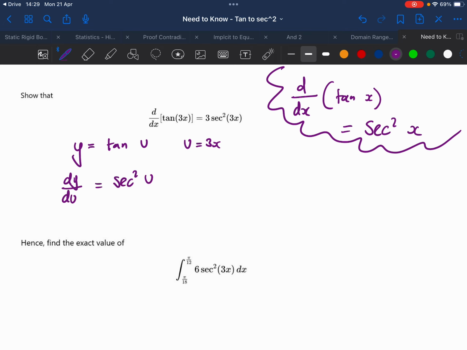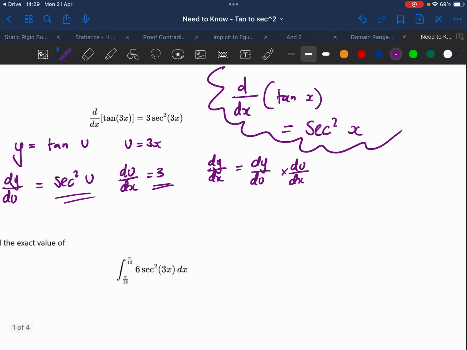So generally, tan differentiates to sec squared. That's the result that we said. And du dx would be 3. The chain rule says that if we're trying to differentiate the thing which we have called y, then dy dx is equal to dy du multiplied by du dx. In other words, this part and this part together.